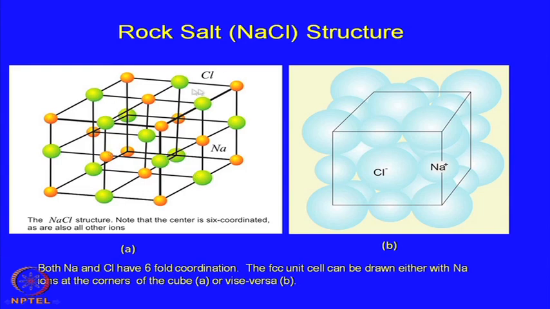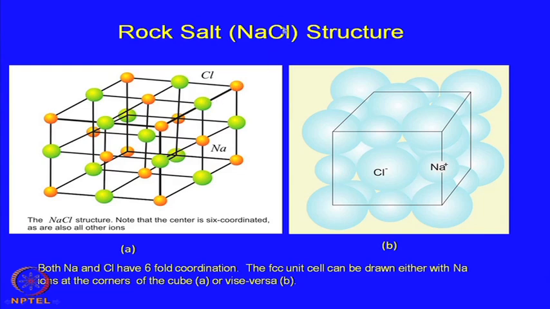Okay. The very first structure is what we call the sodium chloride structure, or the mineralogical name of sodium chloride, which is rock salt. This structure is in fact a structure type. We will see later on that many different oxides have this particular structure. It is a very typical structure in which many different oxides crystallize. What is the description of this crystal structure?